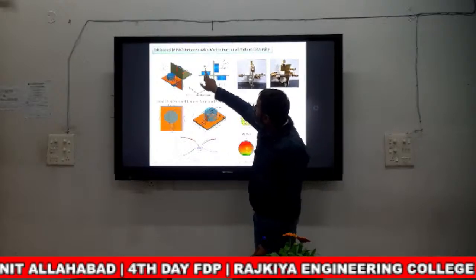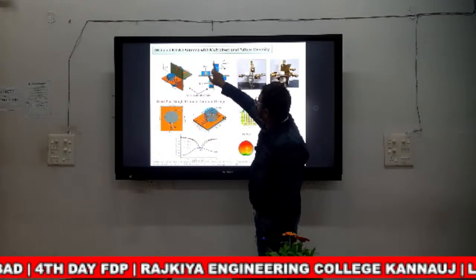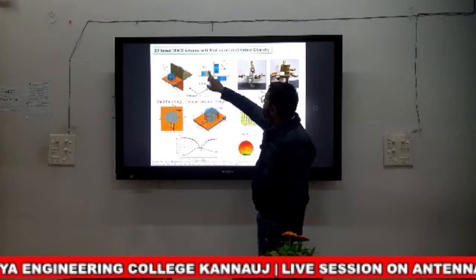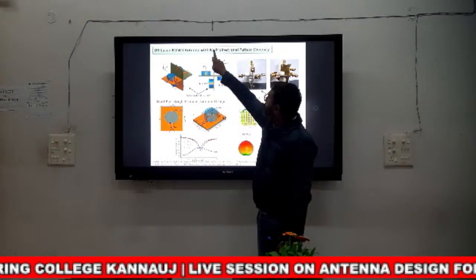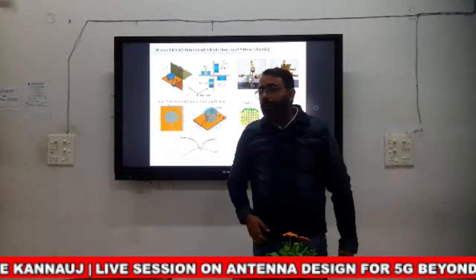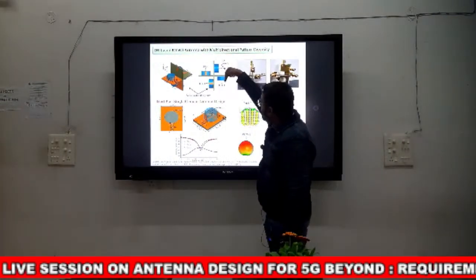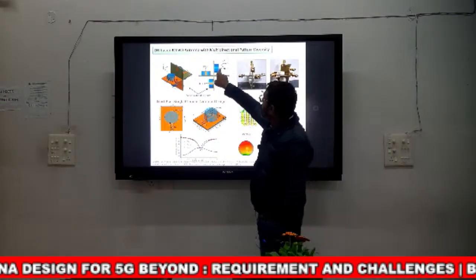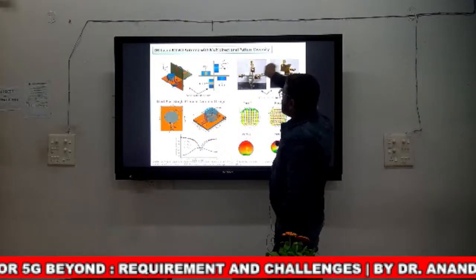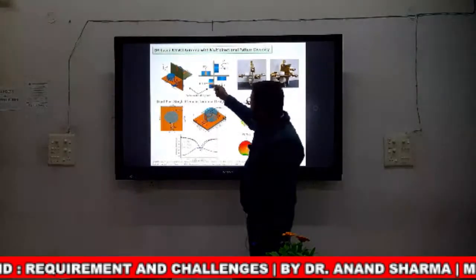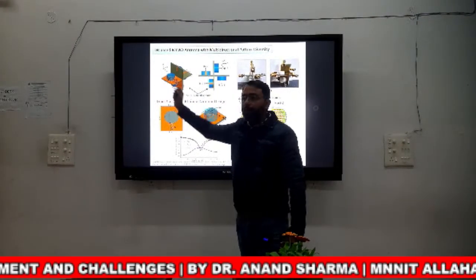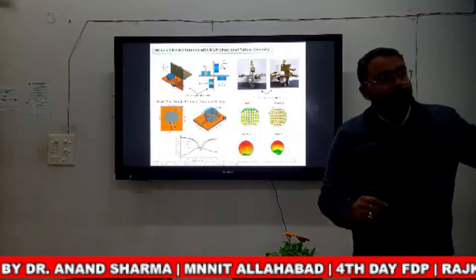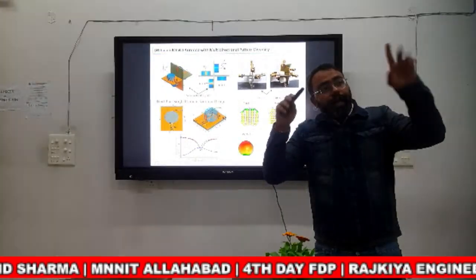DR1 radiates along the plus Z direction. Similarly, DR2 radiates along the minus Z direction, DR3 along the plus Y direction, and DR4 towards the minus Y direction. So each port is radiating in a different direction, and the far field is isolated.